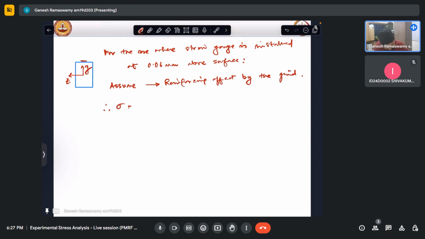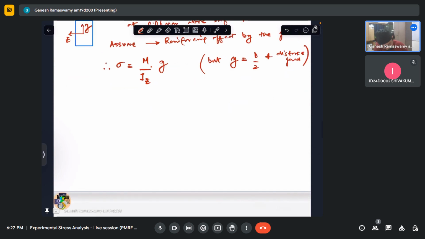So therefore, stress would be M by the same Iz into Y. However, Y would be D by 2 plus the distance of the grid. So therefore, sigma would be M by Iz into 0.8 by 2, which is half the depth, plus 0.06, is what we are saying it is away.